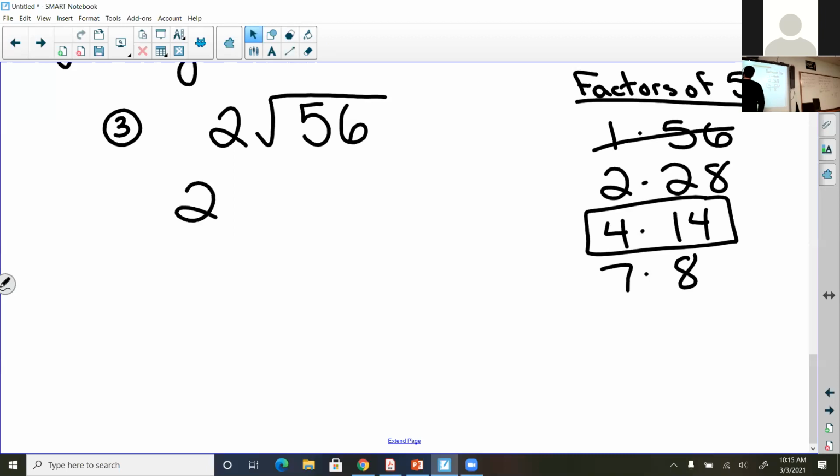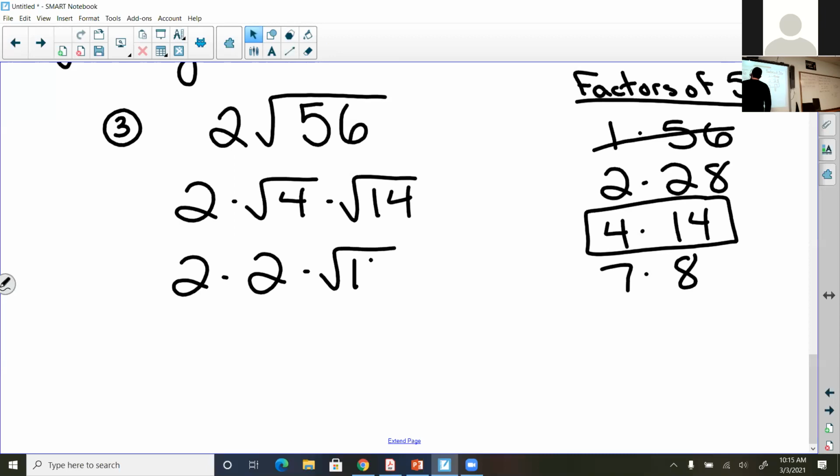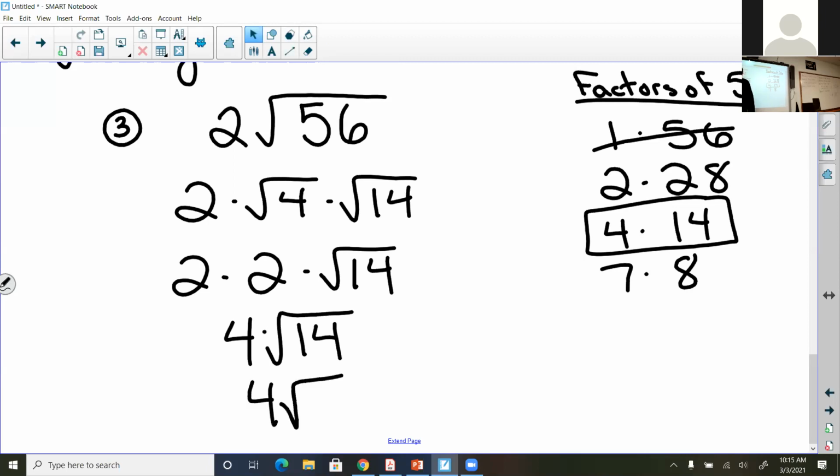So I'm going to have 2 times the square root of 4 times the square root of 14 is 2 times 2 times the square root of 14, or 4 times the square root of 14, which is 4 root 14.